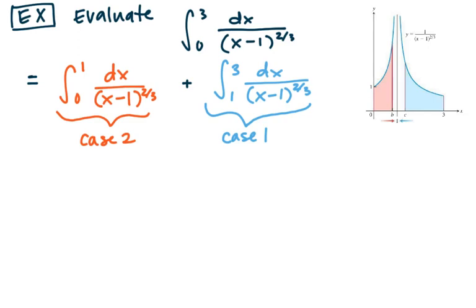So when I set this up for case 2, this first part, b is my discontinuity.